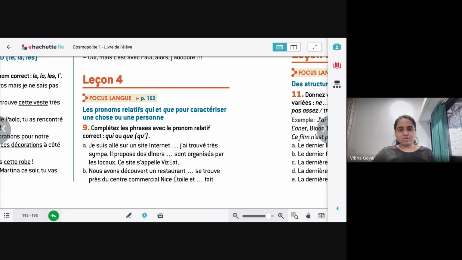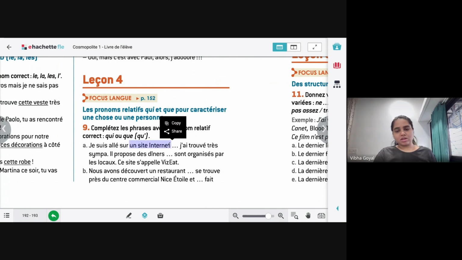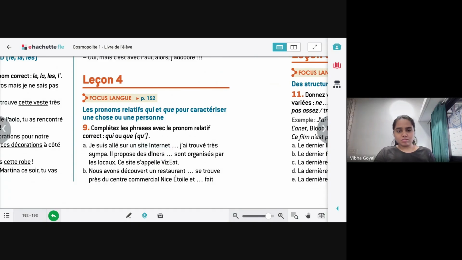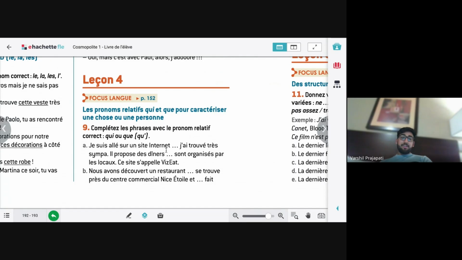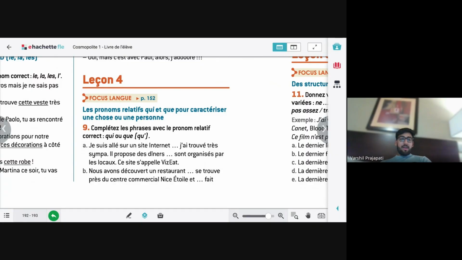Read the whole sentence. Je suis allé sur un site internet que j'ai trouvé très sympa. Il propose des dîners qui sont organisés par les locaux.